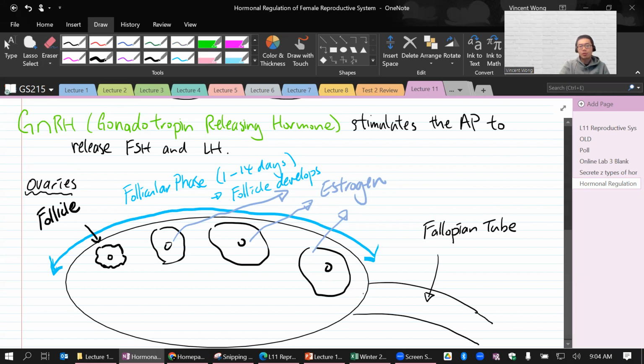When the egg is mature, it will be released into the fallopian tube. This is called ovulation.